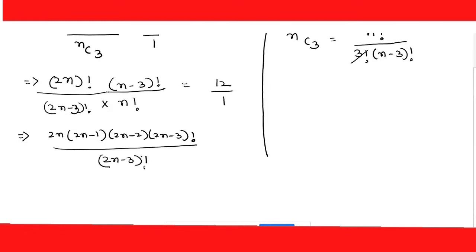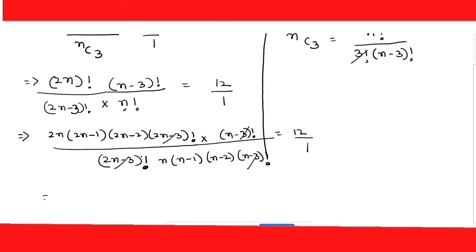Be careful in these types of questions. Now, n minus 3 is the lowest one. So we just split n factorial: n, n minus 1, n minus 2, n minus 3 factorial, equal to 12 by 1. These get cancelled.